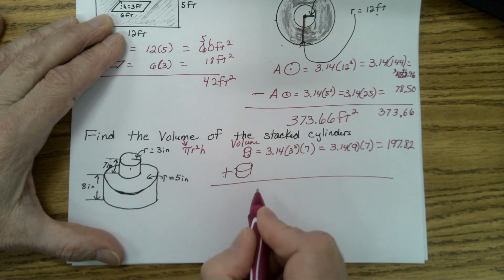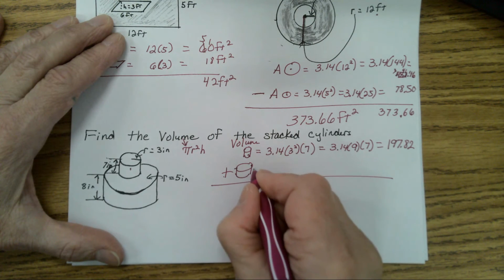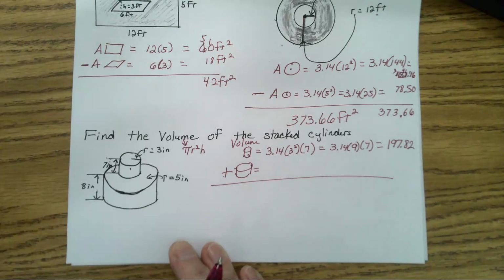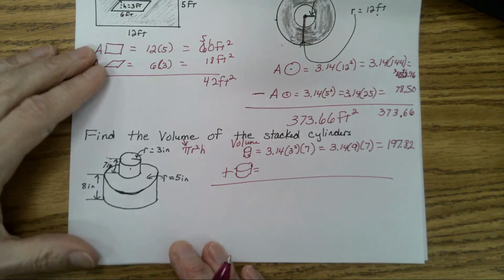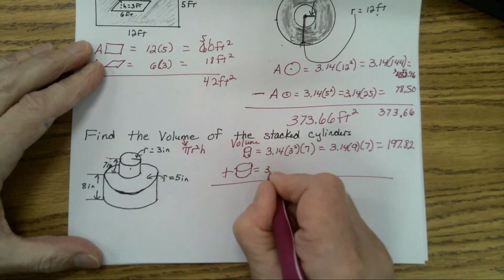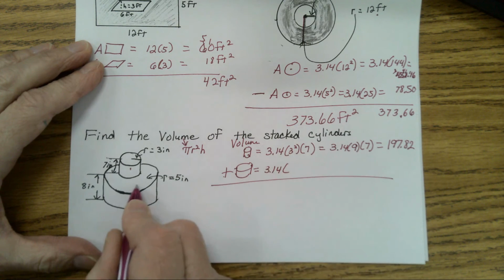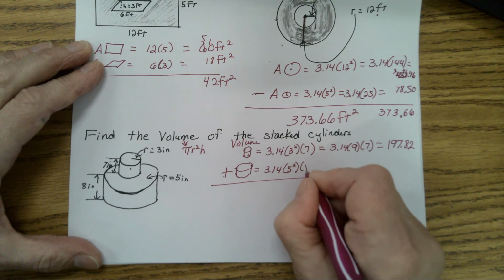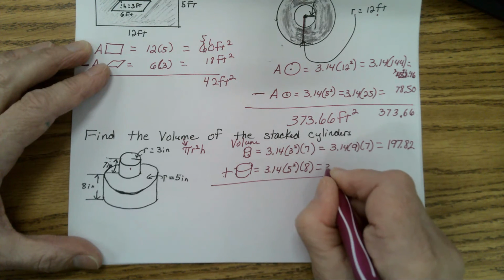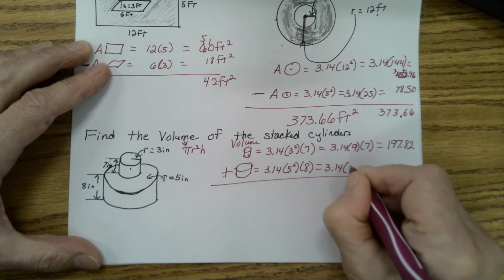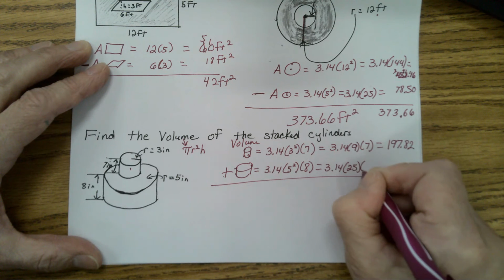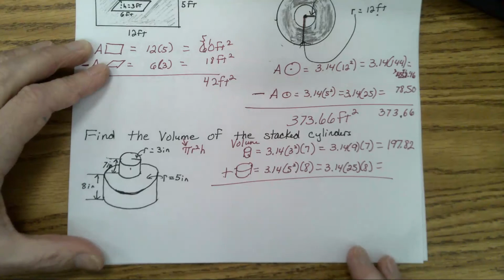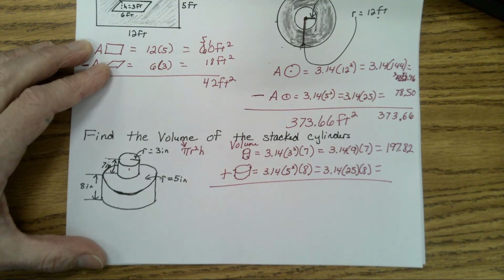Now I'm going to do the volume of the bigger one on the bottom. Once again, drawing these shapes helps to make sure I'm not skipping any steps, all right? So it's pi r squared times the height. 3.14, my radius is 5, 5 squared times the height, which is 8. So that'll be 3.14 times 25 times 8. All right, so let's do that.